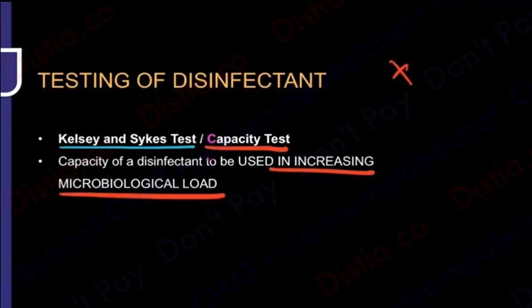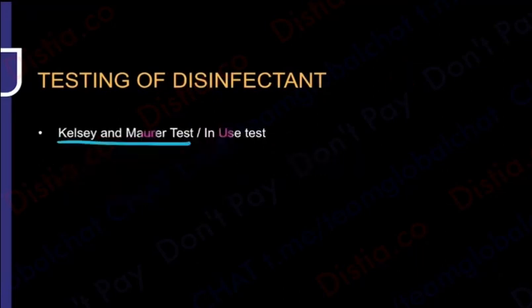Right? So when you're trying to test for capacity, that is the Kelsey-Sykes test, versus the Kelsey-Maurer test, which is the in-use test. Once you are using a disinfectant, you are just thinking that the disinfectant will go and clean the surface. But can the disinfectant also end up getting contaminated? So this is done to test for the contamination of the disinfectant.